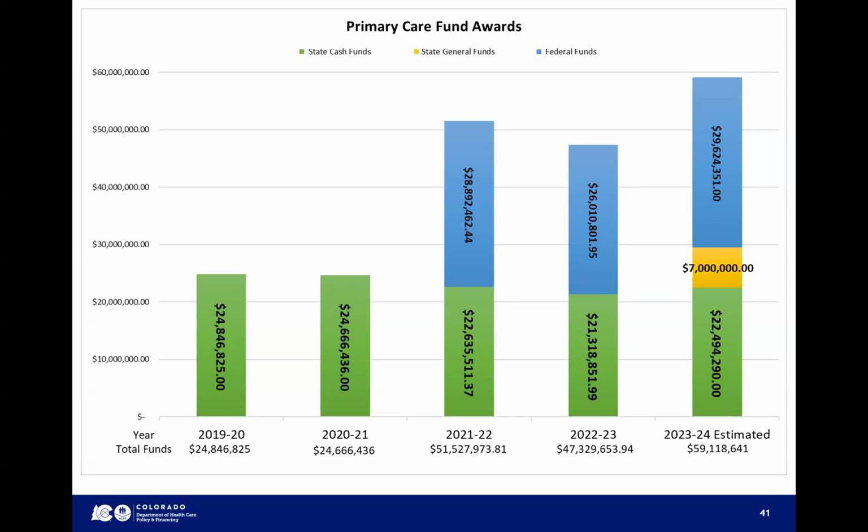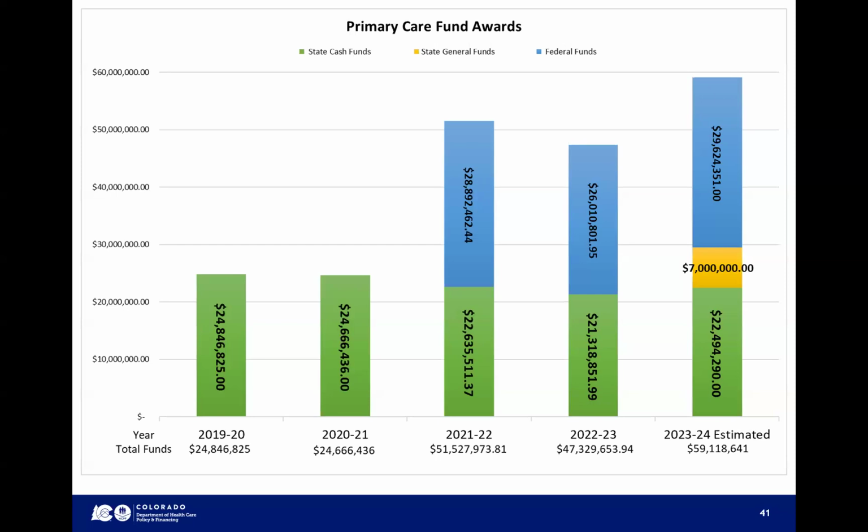Looking at fiscal year 21-22, you can see that the payments basically doubled from the previous year. So in fiscal year 2020, we were at 24.6 million. Fiscal year 21-22, we were at 51.5 million.